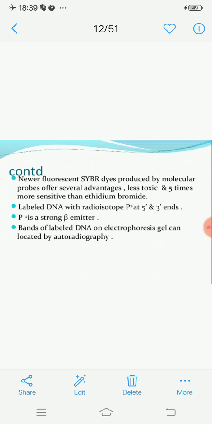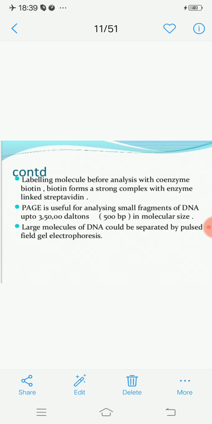Whether it is P53, P35, anything, you can label it with a radiolabel. The bands of the labeled DNA on the electrophoresis gel can be located by autoradiography. Labeling the molecule before analysis with the coenzyme biotin forms a complex with streptavidin.